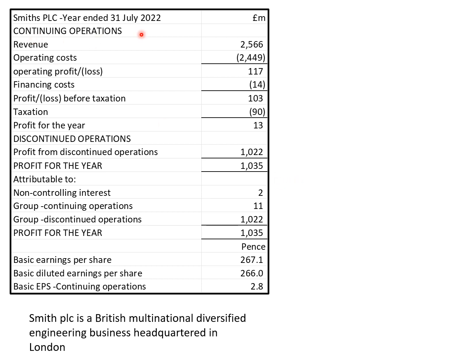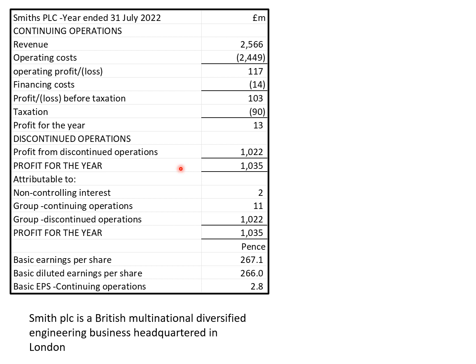One is the profit from continuing operations, which is 13 million. And then there is the profit from discontinued operations, which is 1.022 billion. Discontinued operations represent those businesses that the group has disposed of, and together they have the profit of 1.035 billion.